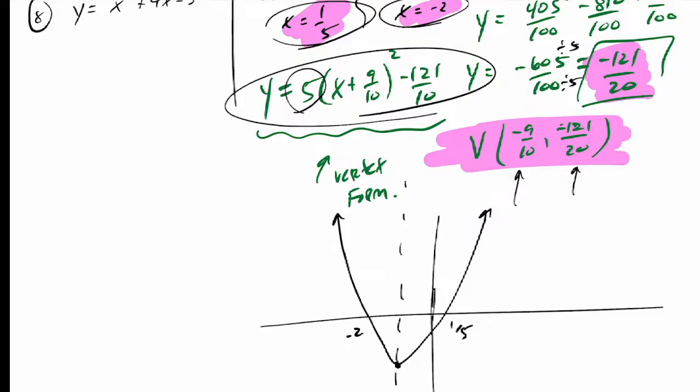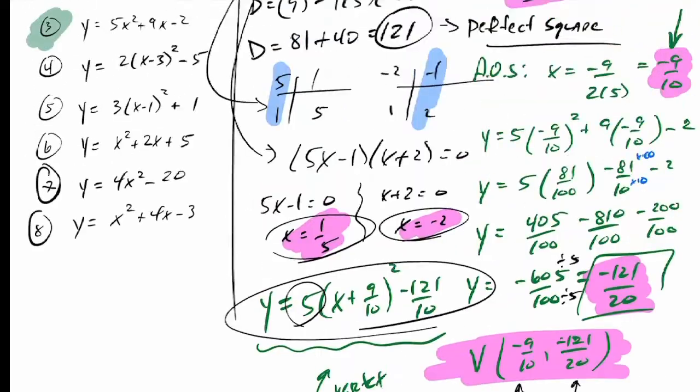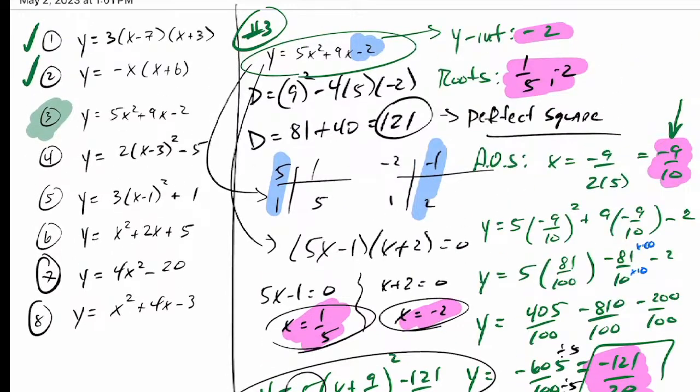I know right down the middle, this is x equals my h value, which is negative 9 over 10. And that is everything. That's all you need to do for this one. Okay, so that one is done.